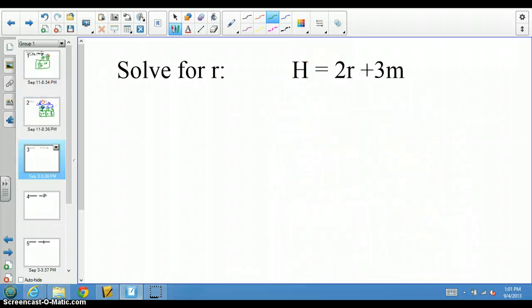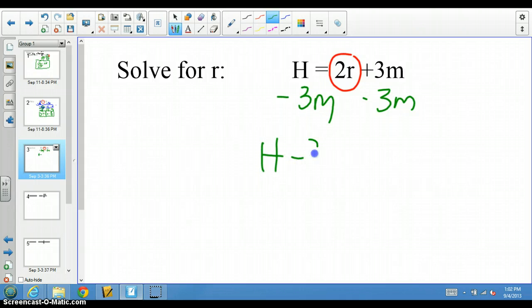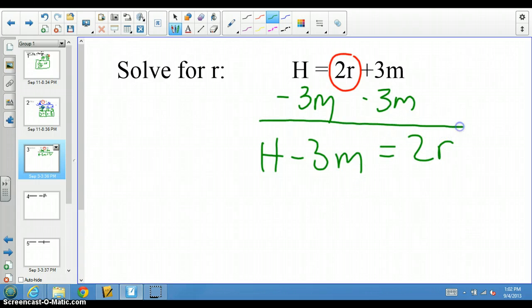Solve for r. So first thing, I'm going to circle 2r because I want to get that all by itself. So I'm going to subtract 3m from both sides. So h minus 3m equals 2r. So I move the 3m to the left side.